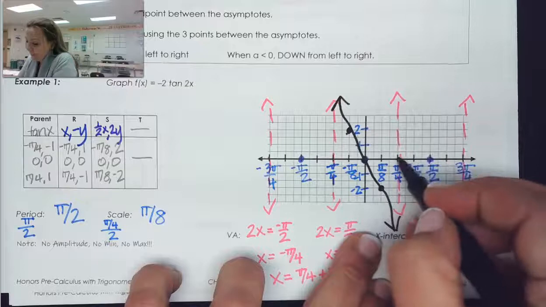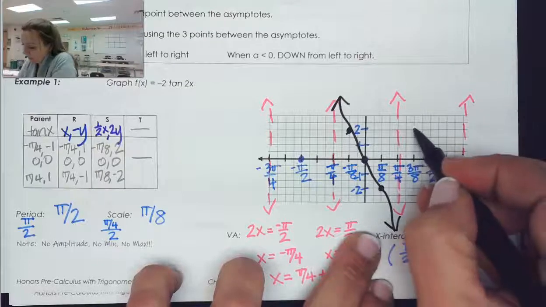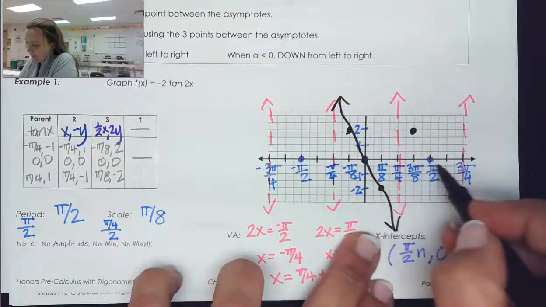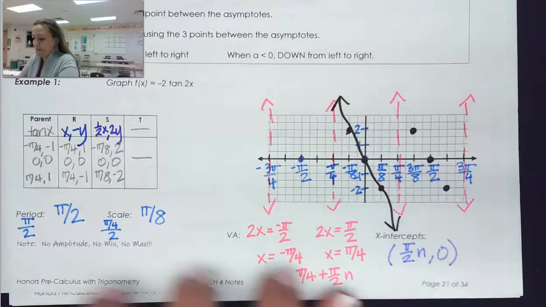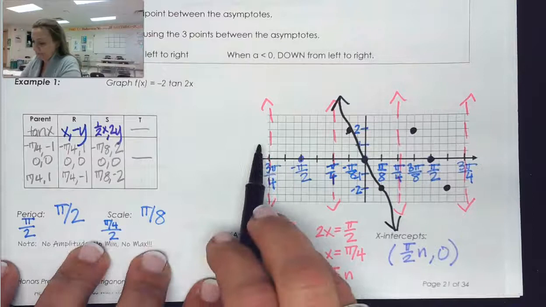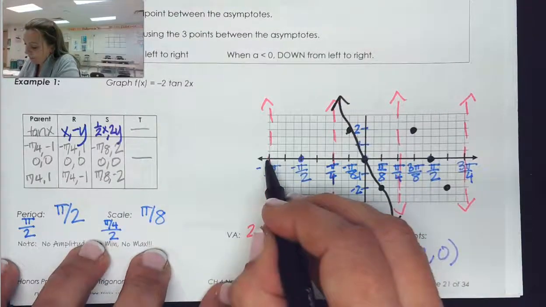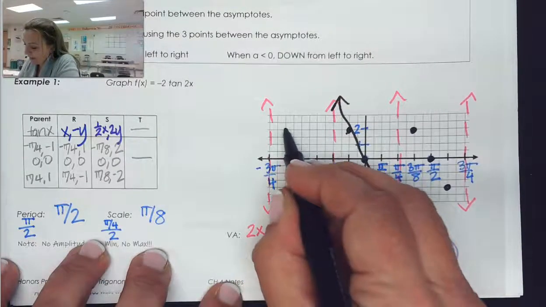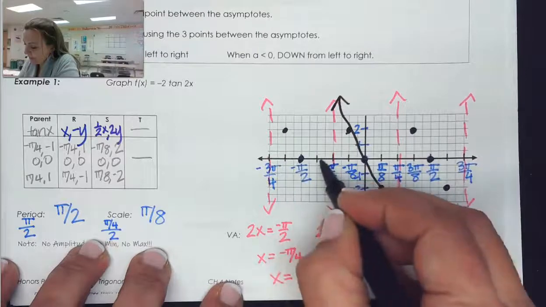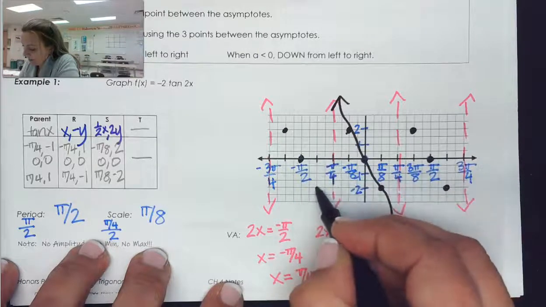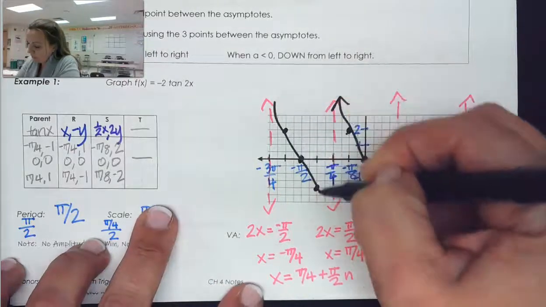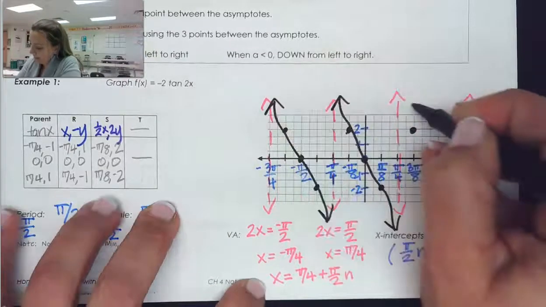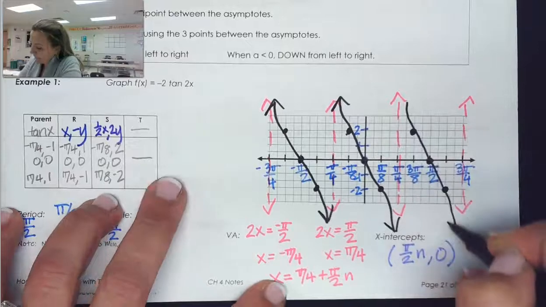We start at the asymptote, and using the scale, we're going to go from positive 2 to 0 to negative 2. Again, if I start over here at the left from the asymptote using the scale, positive 2, 0, negative 2. And then you would just continue to make that same shape.